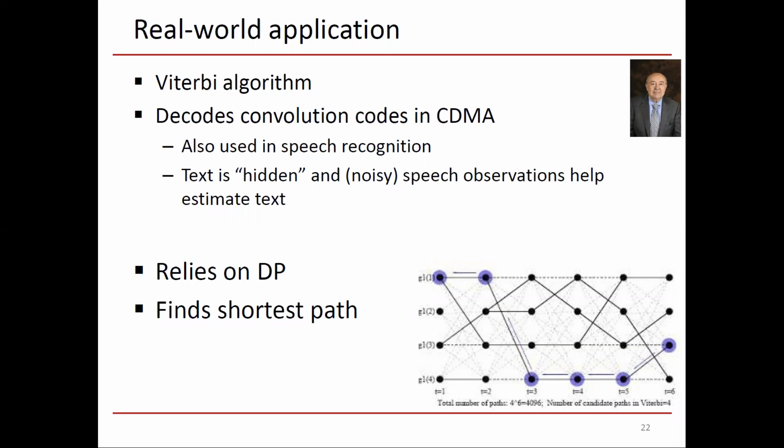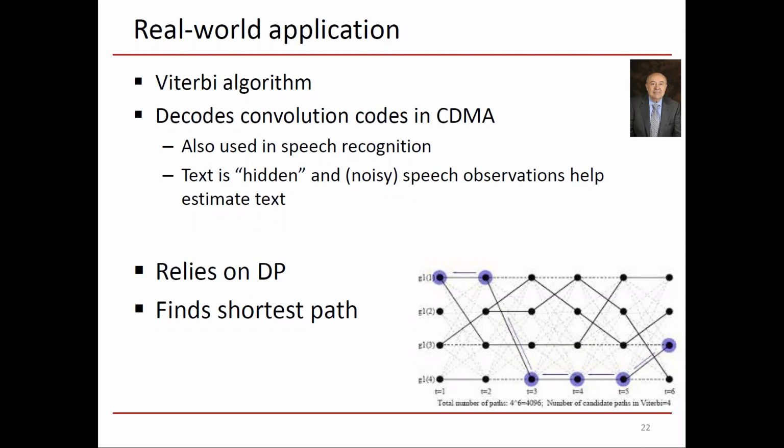What Viterbi showed is that dynamic programming can be used to perform decoding in a communication system application. They're convolutional codes, and in CDMA, which is a communication protocol, Viterbi showed how to use dynamic programming to optimally decode the convolutional codes. A similar approach, called the Viterbi algorithm, is also used in speech recognition.